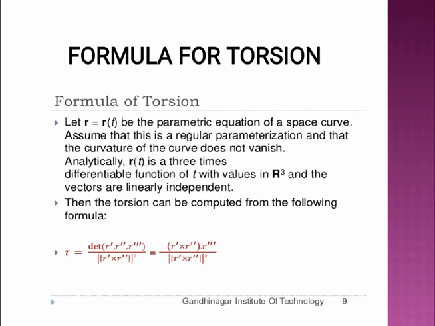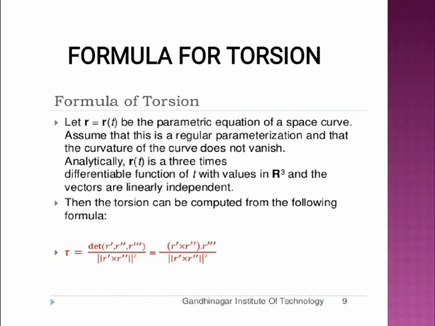The next one is the formula for torsion. Let R equal to R of t be the parametric equation of a space curve. Assume that this is a regular parametrization and that the curvature of the curve does not vanish. Analytically, R vector of t is a 3 times differentiable function of t with values in Euclidean space and the vectors are linearly independent.